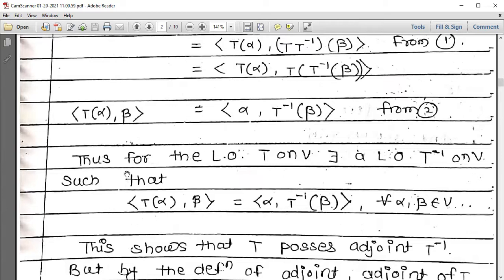Thus, for the linear operator T on V, there exists a linear operator T inverse.